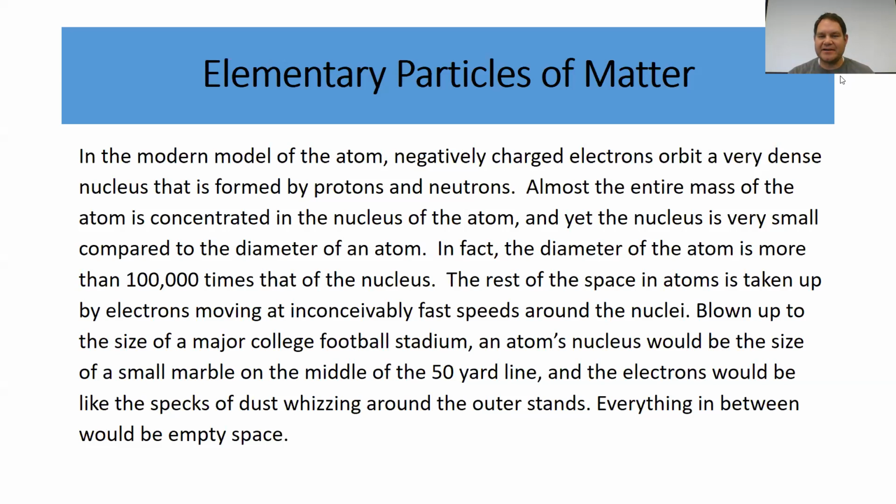The rest of the atom is mainly empty space with electrons moving around that nucleus at inconceivably fast speeds, super, super fast around the nucleus. As we go through the year, we'll talk more about the protons, the neutrons, and these amazing electrons as we begin to understand more about chemistry.